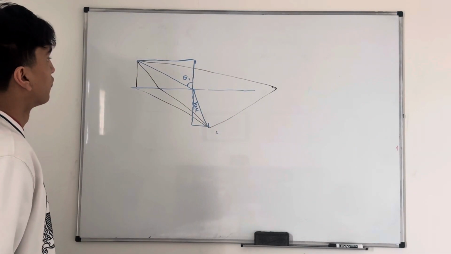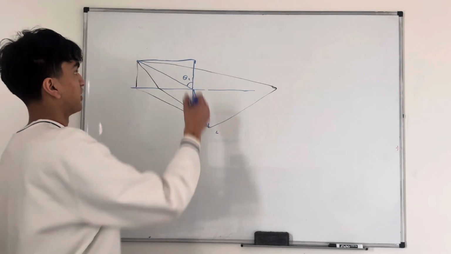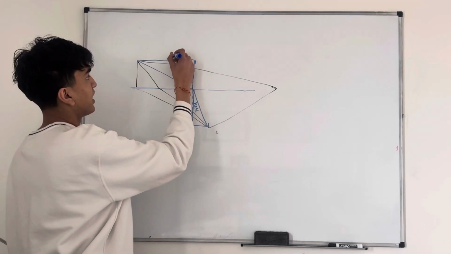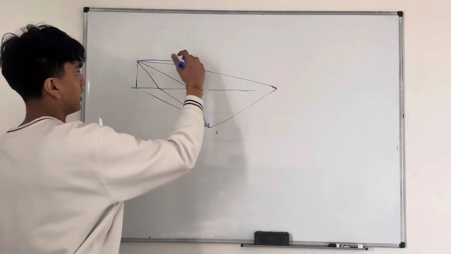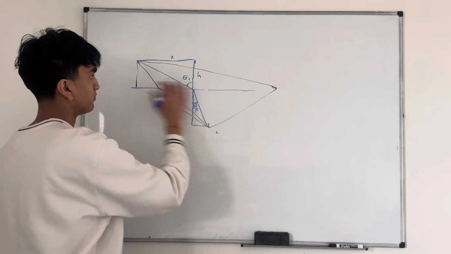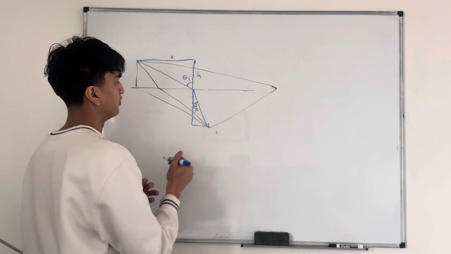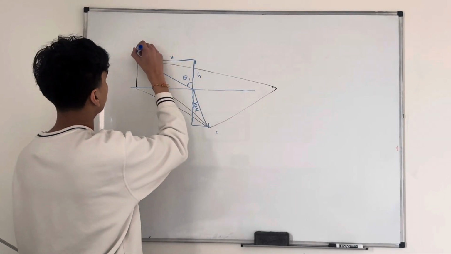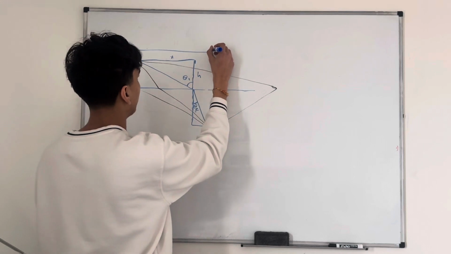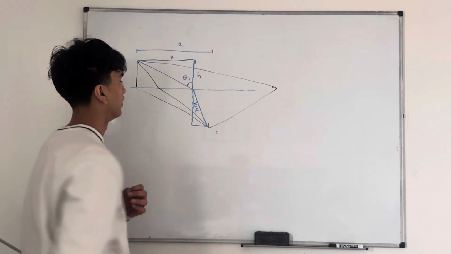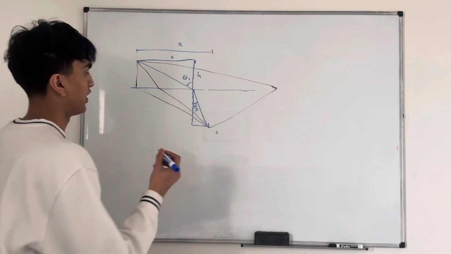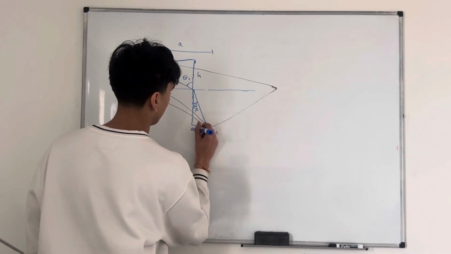For the top right triangle, it can have a distance x and a height h above the line of the change of medium. And if the total distance we could say is a, then a minus x is going to be the distance here.